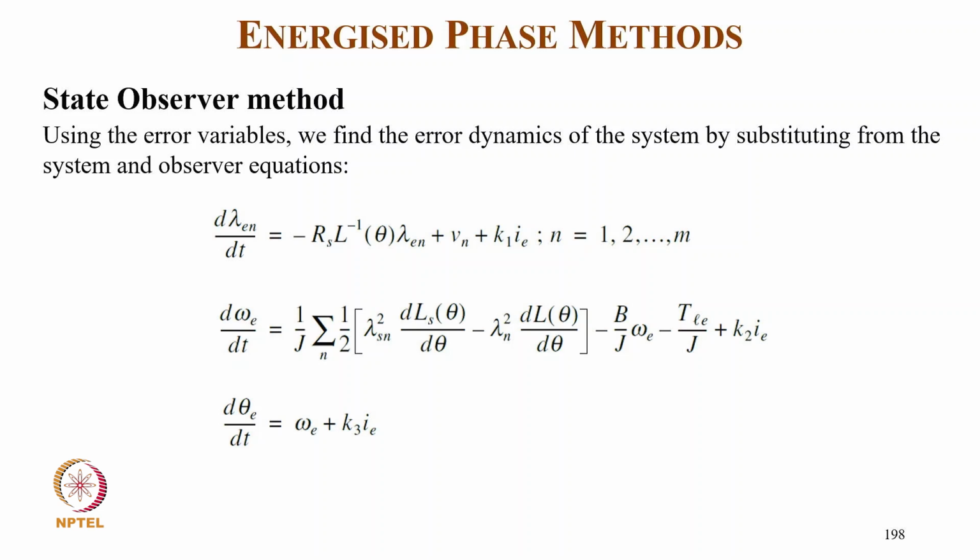So d lambda en upon dt equal to minus Rs L inverse theta lambda en plus Pn plus k1 ie, for n equal to 1 to m, and d omega e upon dt equal to 1 upon j summation of half bracket lambda n square dL upon d theta minus lambda s square dL upon d theta minus b upon j omega e minus TL upon j plus k2 ie, and d theta e upon dt equal to omega e plus k3 ie.